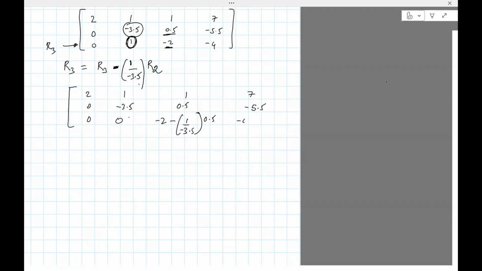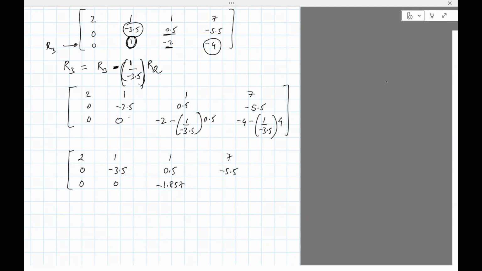Then I have minus 4 minus 1 divided by minus 3.5 times this 4. Again, you can crunch these numbers through a calculator, and you get 0.5 minus 1.857, 7 minus 5.5, and that comes out to be minus 5.57.